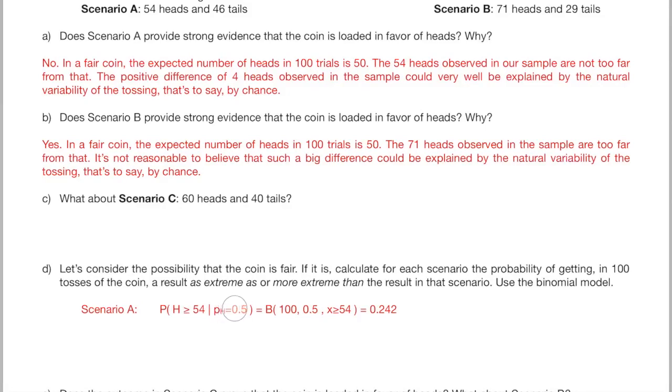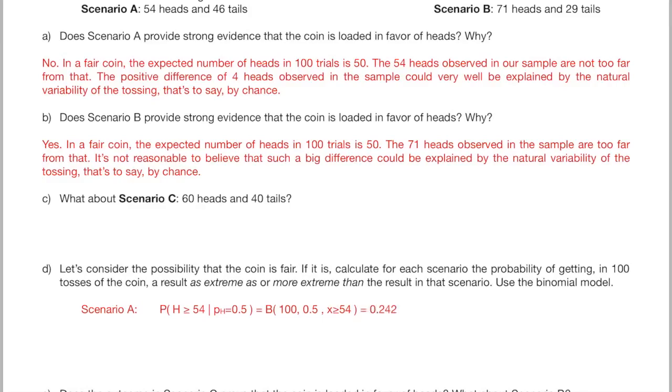That's to say that the probability of heads is 0.5. The binomial calculator will tell you that in a binomial model with 100 trials and a probability of success 0.5, the probability of getting 54 or more successes is 0.242.